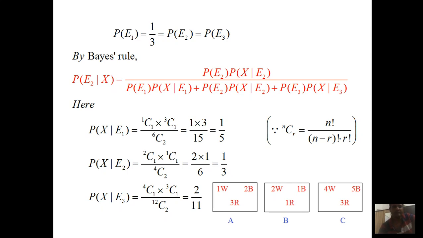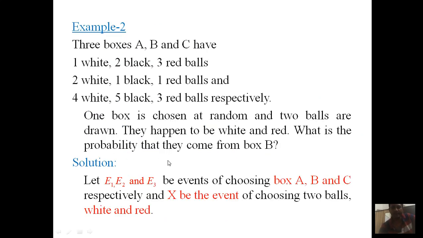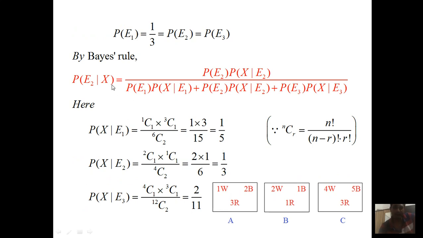Now in this case event X, that is we have already chosen 2 balls, out of which one is white and the other is red. So this event is finished and we have to find the probability that it's coming from box 2, that is box B. So by Bayes rule it is equal to probability of E2 into probability of X given E2.